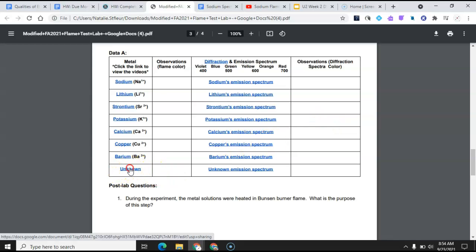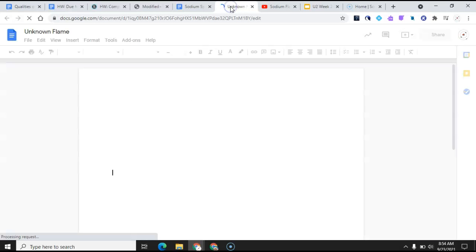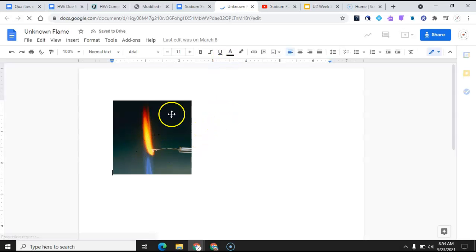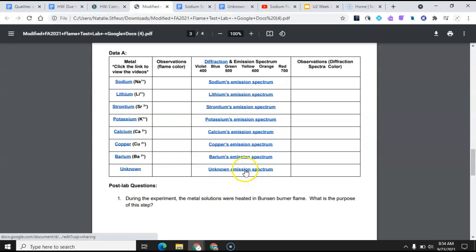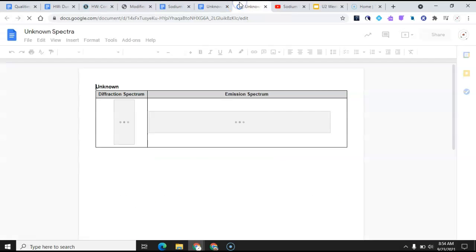All right, once you've filled out the observations and colors for the known elements, you also have an unknown. Once again, you would click on the unknown, and in this case there's not a video for the flame, you just look at the flame and record what colors you see. The same thing with the diffraction and emission spectra, you record those colors.